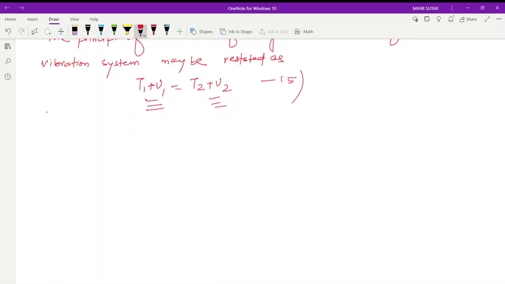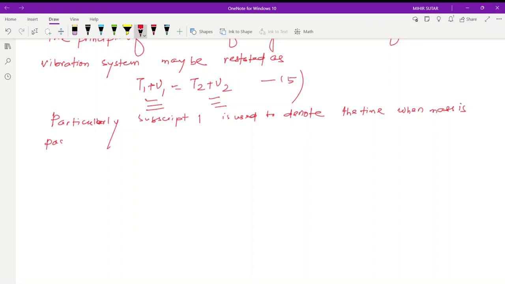Particularly, this subscript 1 is used to denote the time when mass is passing through the static equilibrium position, that is U1 equal to 0.